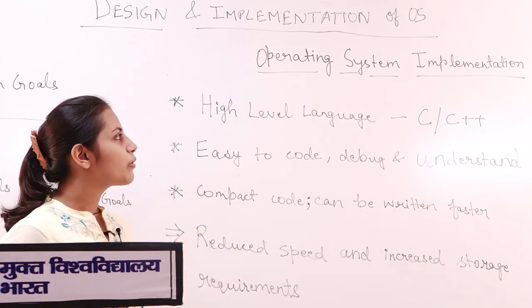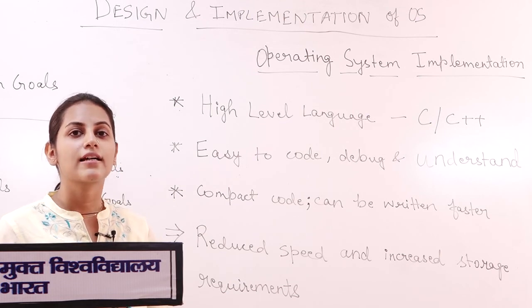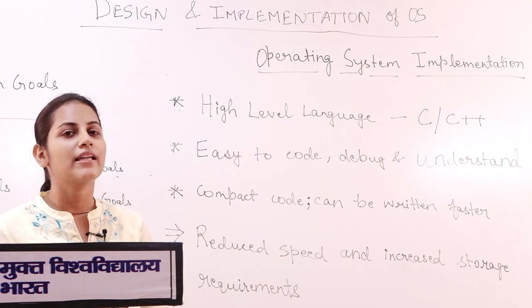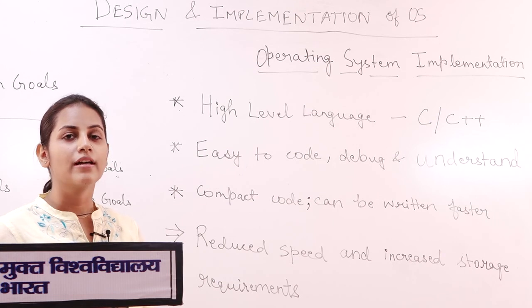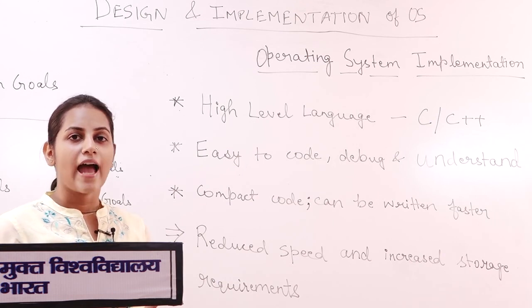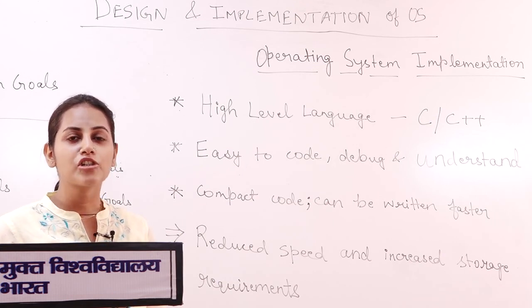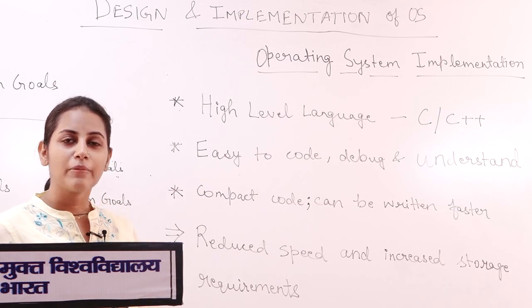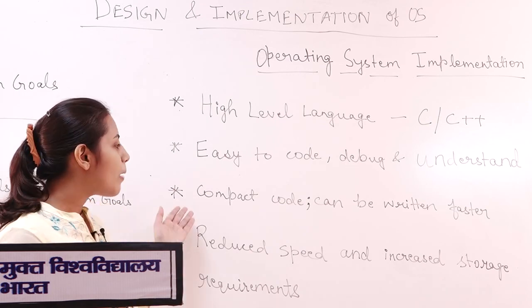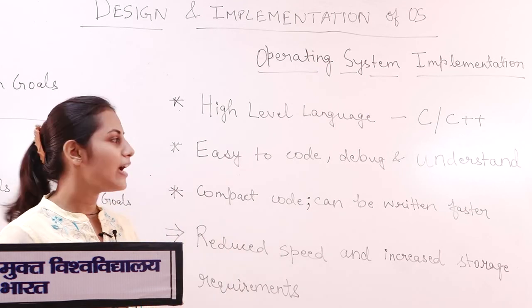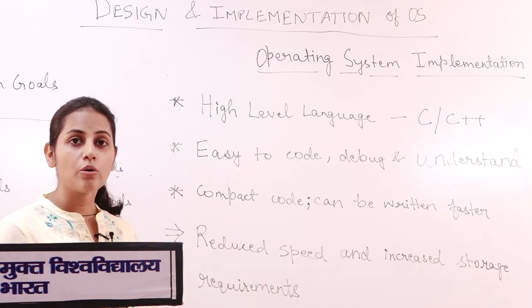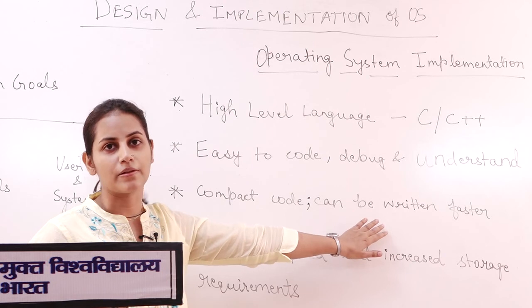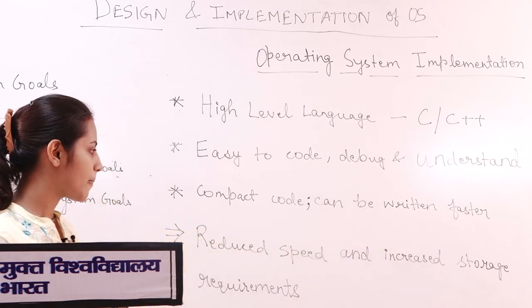Also, programming in a high level language is rather compact compared to assembly language code, and therefore, as the operating system comprises a large number of programs, programming the operating system would be very compact if we use a high level language. Also, the code can be written faster in a higher level language.